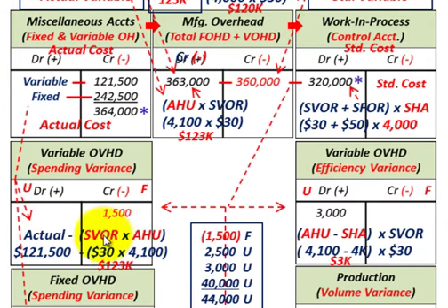Now, the other variable overhead variance that we have to deal with is the efficiency variance, and that's simply taking our actual hours used. In this case, that was 4,100 hours here, and we'd subtract from that the standard hours allowed, based on our standard of 4,000 hours, so the difference gives us 100 hours here. Difference times our standard variable overhead rate here of $30 per hour.